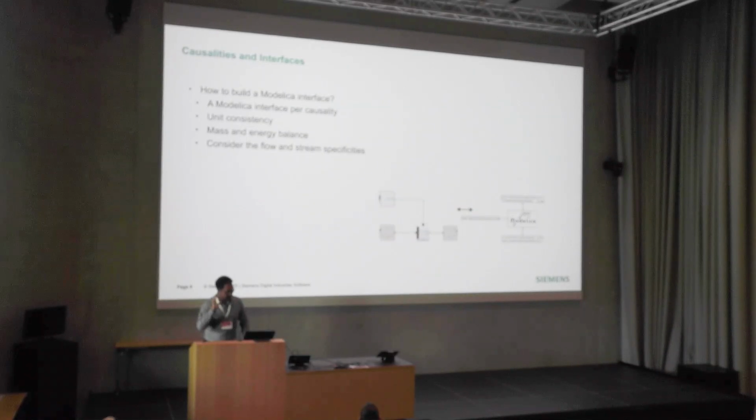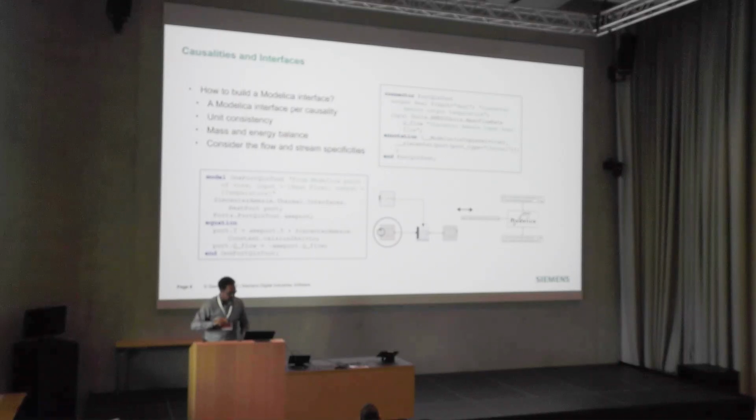So how to build a Modelica interface now, thanks to the port and thanks to the FMI terminal. A Modelica interface needs to translate an acausal connector to a causal connector for Amesim, and for that, this is the rule. Here is an example on the left for a thermal interface for Amesim.